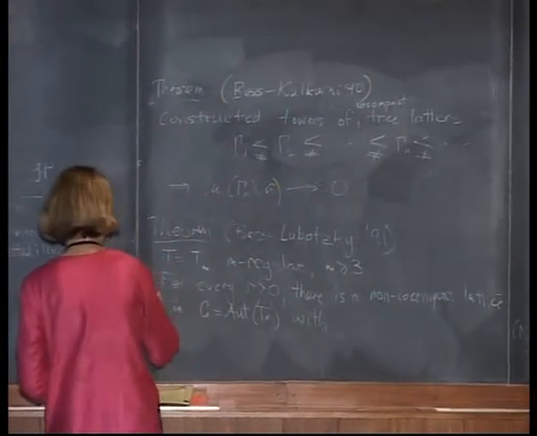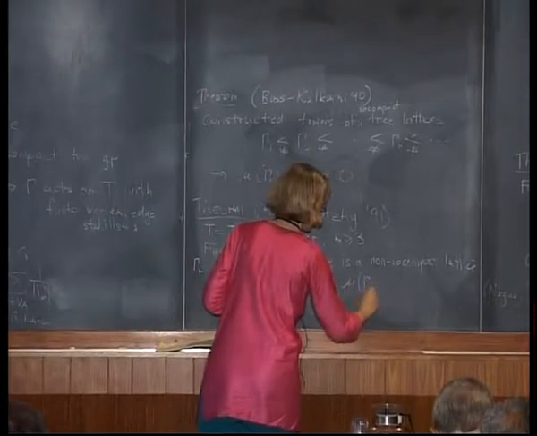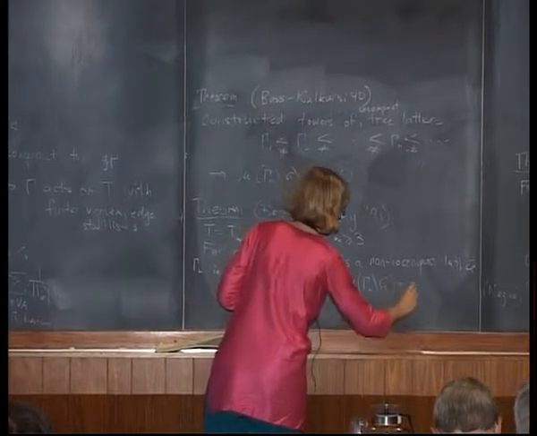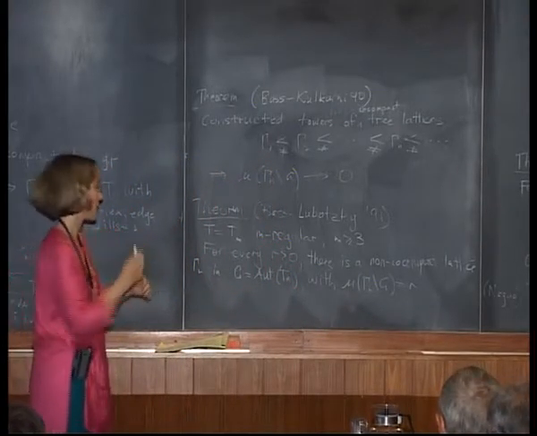Let's give it a name, call it gamma R, with co-volume exactly R. So every positive real number is the co-volume of some lattice.